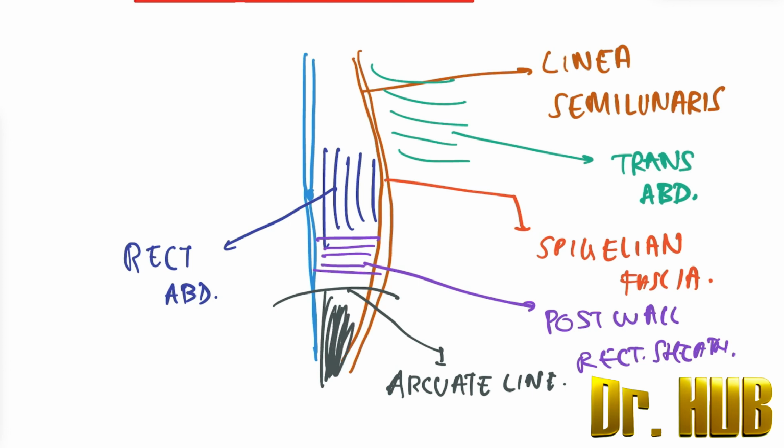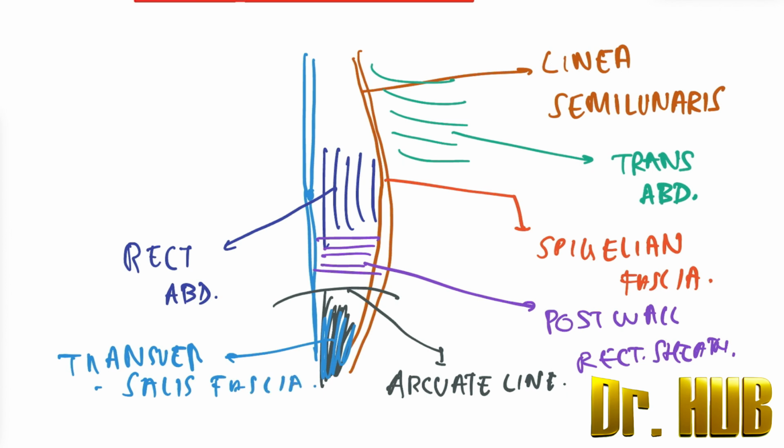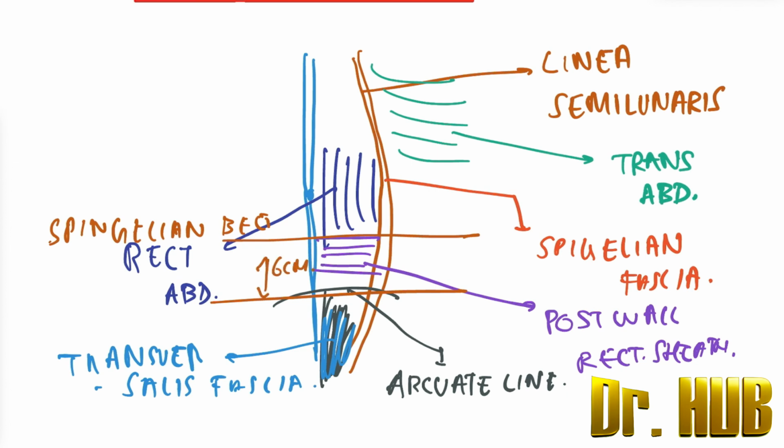So this is the transversalis fascia. Now there is something known as a Spigelian belt. So this will be about 6 centimeters.